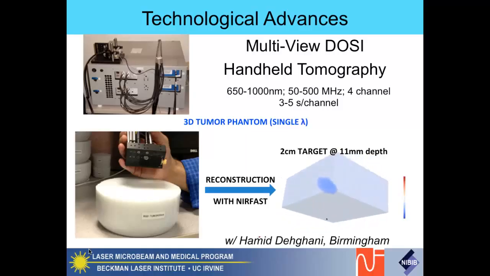Now, it's not a classic tomography instrument where you have a ring or a planar geometry with hundreds of sources and detectors. We call this sparse tomography. It's rich in spectral content. So in every channel, there are 4 separate views, 4 separate channels. It has all the wavelengths and all the frequencies. And the goal here is to be able to reconstruct, much like we do with ultrasound, with a handheld probe.